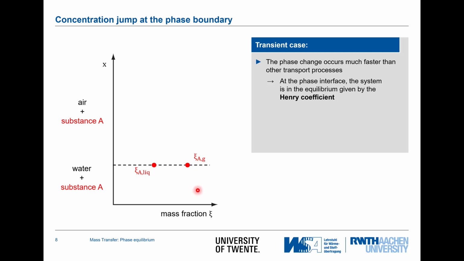Now we will sketch a situation where we assume that the substance A goes from the liquid side to the gas side. And in order to have a flow in this direction, we ought to have a course like this: a higher value of mass fraction within the liquid, it goes down towards the surface, we get a flux towards the surface, and although the values here in the gas phase are higher than in the liquid phase, we will have transport of substance A into the gas phase.